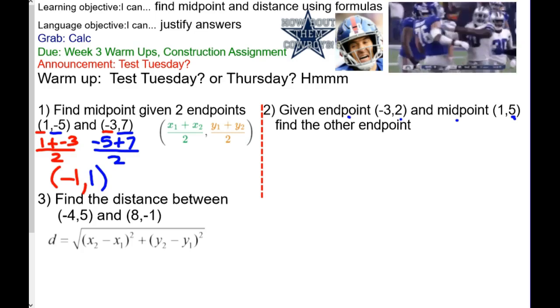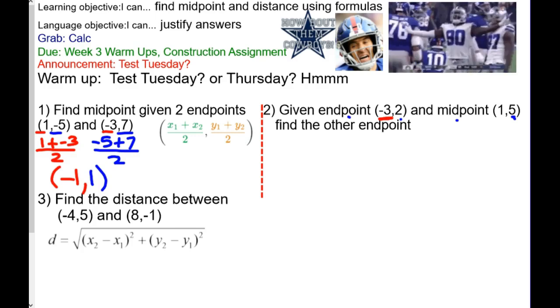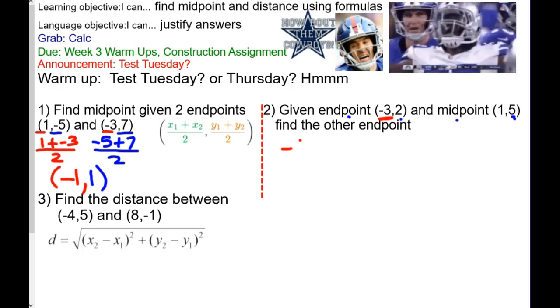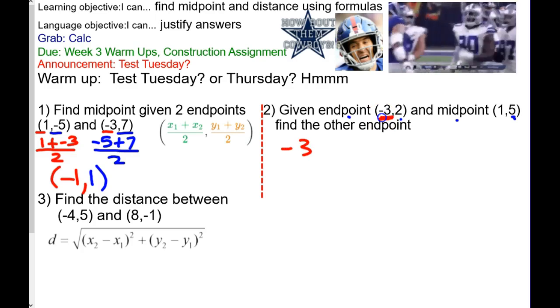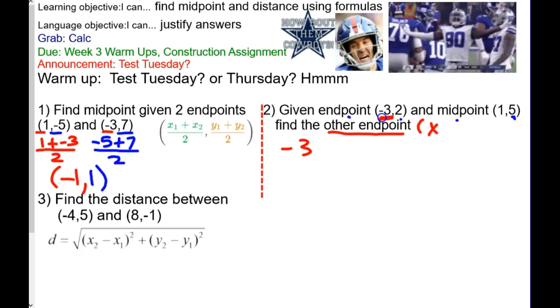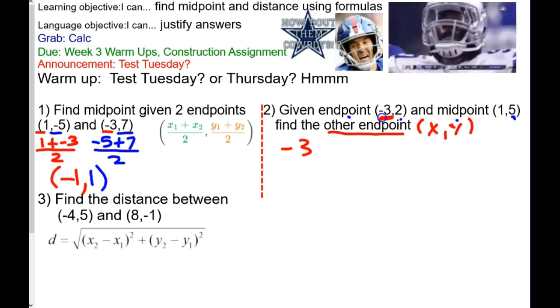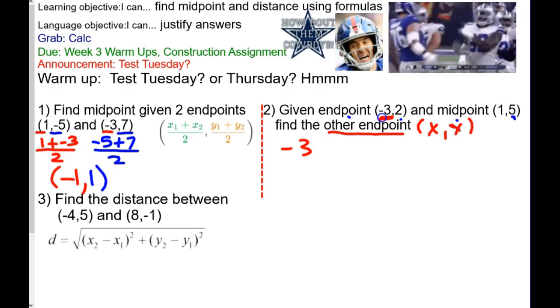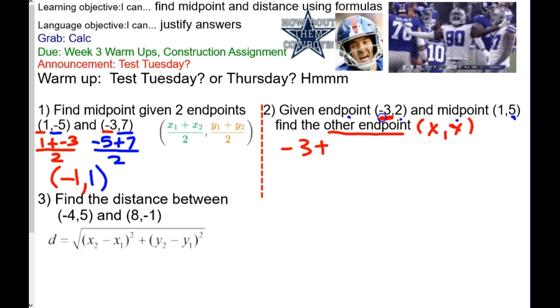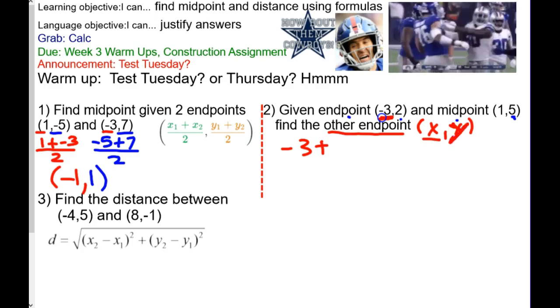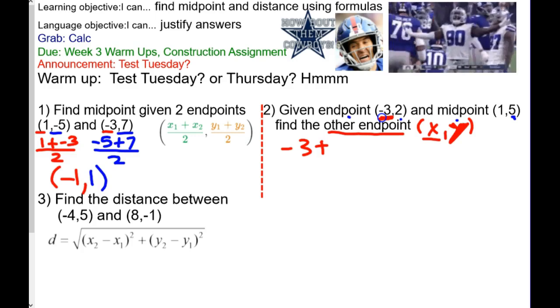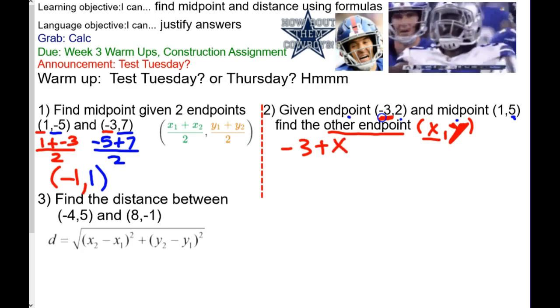Okay, so we're given 1 endpoint, so that x value is -3. Again, the endpoint is -3, but the other endpoint, we don't know what it is, okay? I like to call it x comma y. So we're going to do -3 plus, not 1, but x, okay? That's a y. Okay, so again, -3 plus x.